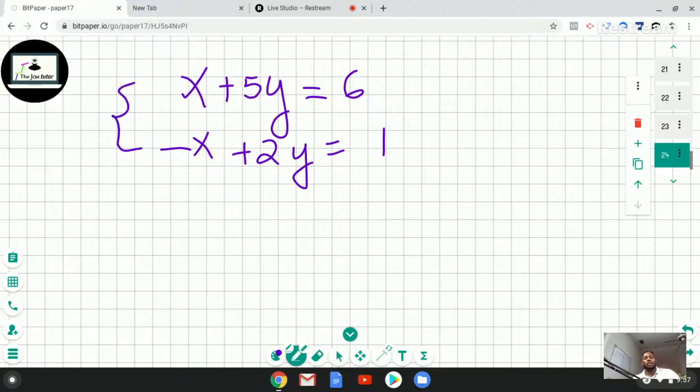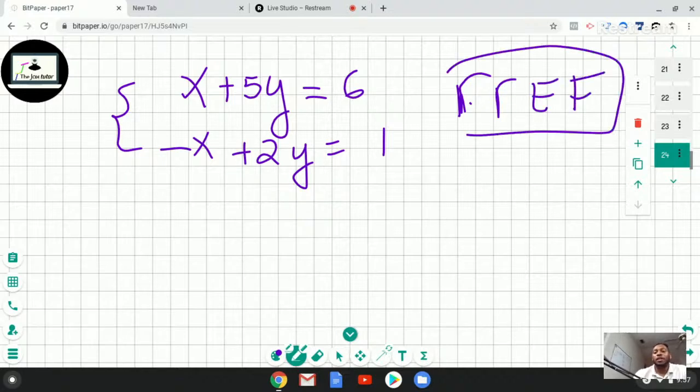This is a system of equations, and there are many ways to solve it. We can use addition, or substitution: find x, substitute it in the second equation, and then find y. There's also a different way, and that's what reduced row echelon form is.